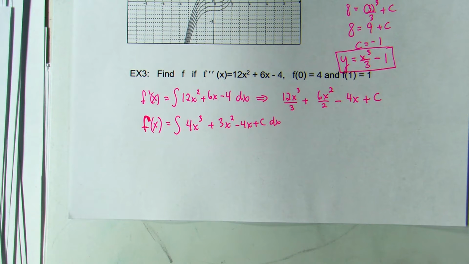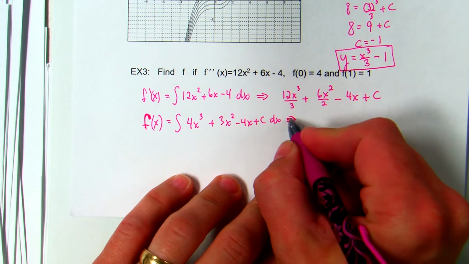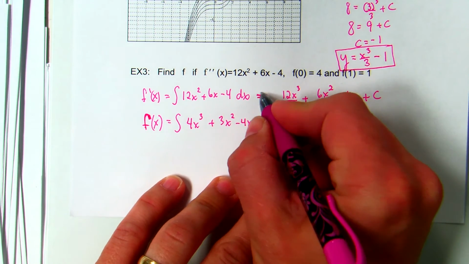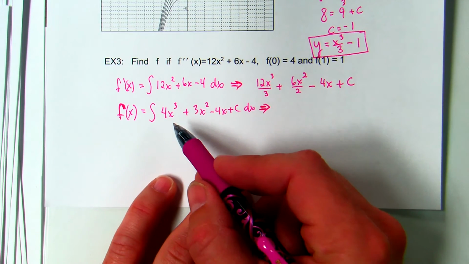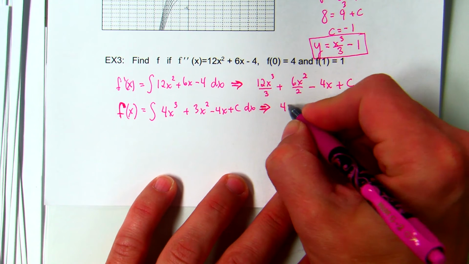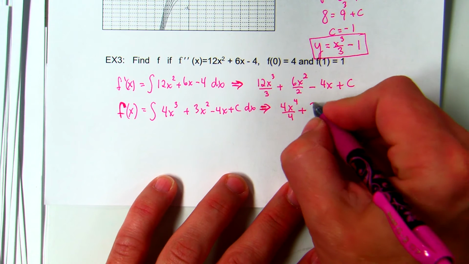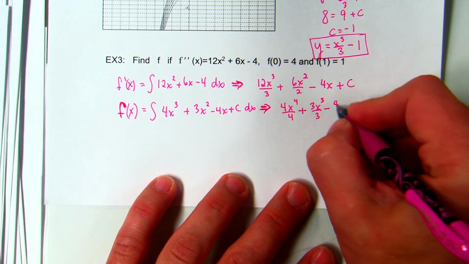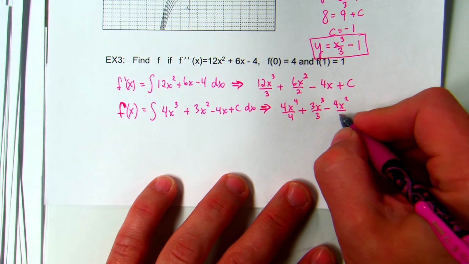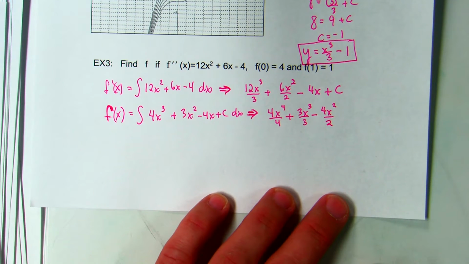Okay. Now, this step is going to present us with a little bit of something new to look at. I'm not going to say it's difficult or hard. It's just something new. Okay, so now when we take the integral here, you're going to have 4x to the 4th over 4 plus 3x cubed over 3 minus 4x squared over 2. And notice what's going to happen here. C is some constant.